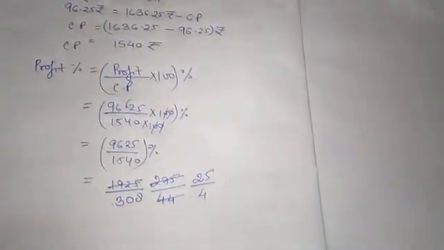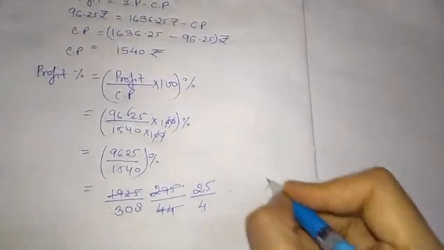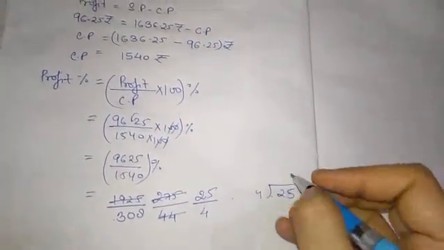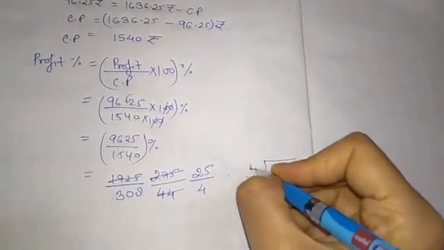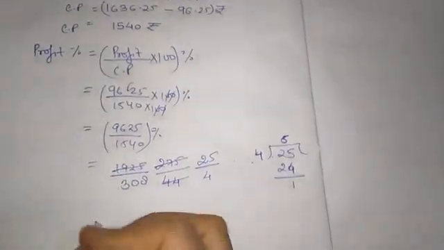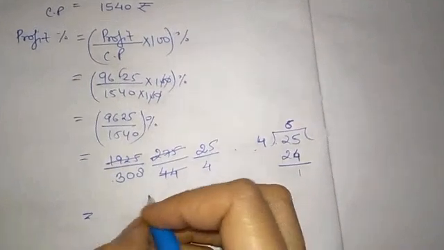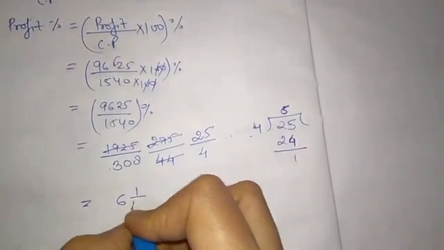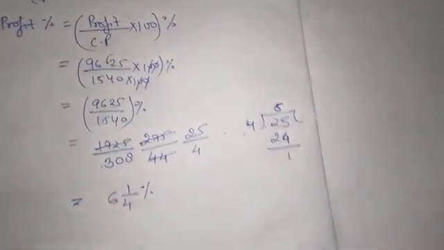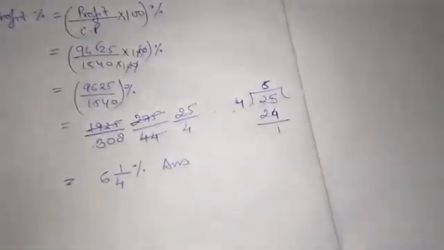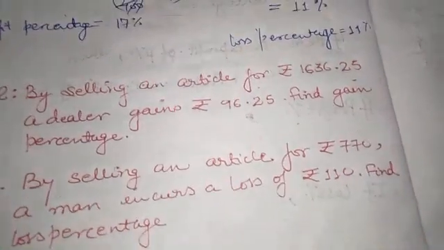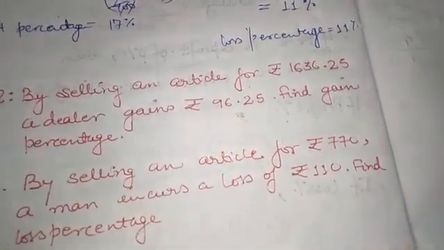Now I get 25 upon 4, and this 25 upon 4 I can write as 6 and 1 by 4%. Here is the answer. So at the end, the gain percentage is 6 and 1 by 4%.